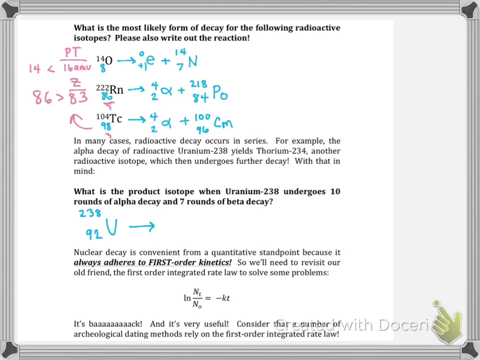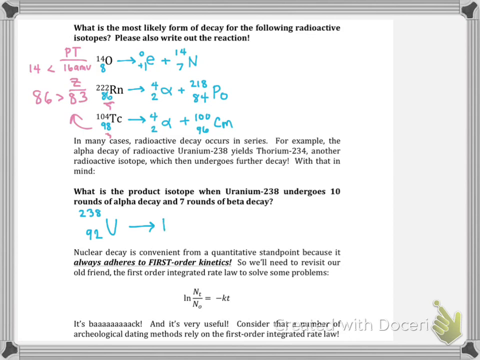So sometimes one decay isn't enough to get us to a stable product. Like we decay a little bit, we make something else that's radioactive, have to do it again, and there's a few steps before we reach something that's stable. And we can predict what that's going to be if we know how many types of decay we have to undergo. So here it says uranium-238 is going to undergo 10 rounds of alpha decay and 7 rounds of beta decay, and we have to figure out what it'll end up being then.